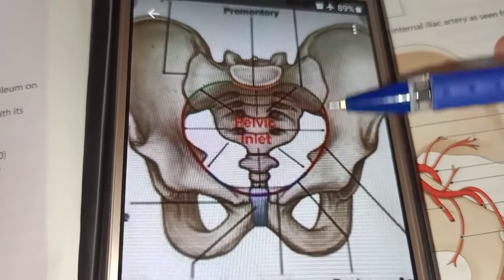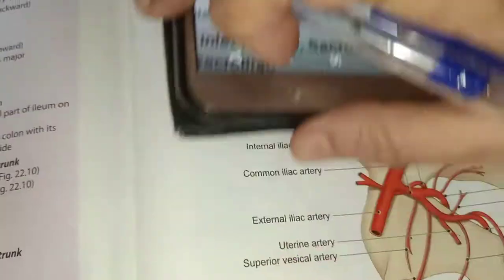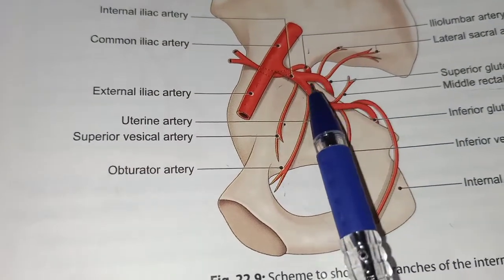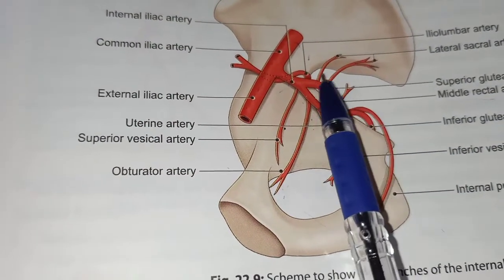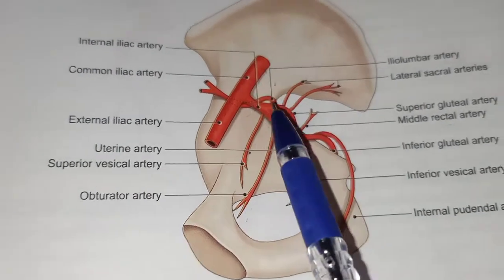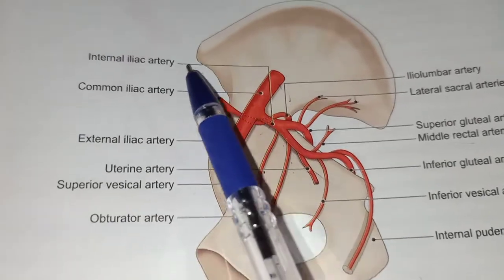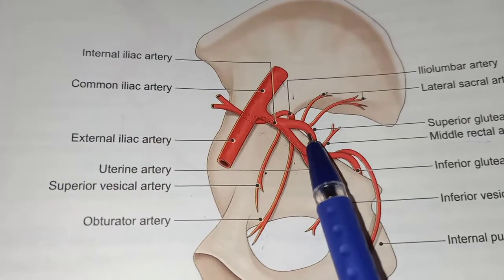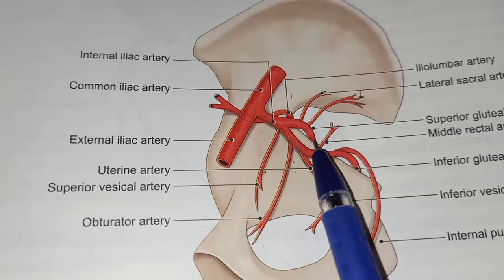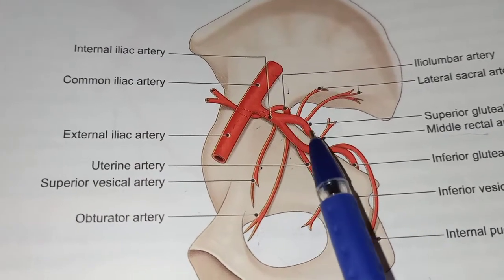This I have shown you near the greater sciatic foramen. If this is the diagram of the greater sciatic foramen, or greater sciatic notch, you can see this is the greater sciatic notch. Here this internal iliac artery will reach, and it will divide into the anterior trunk and the posterior trunk.